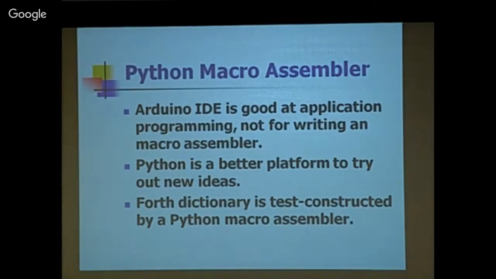But in C, I don't have a good C system to experiment with. And Python was the one that I had ready access to. So I thought, well, let me try to build the dictionary in Python.